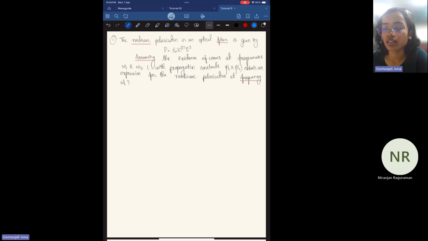We have seen in the earlier class that the Chi2 effect is not there for the optical fiber because it's a centrosymmetric material. So the dominant nonlinear effect for the optical fiber will be the Kerr effect because of the Chi3 component.